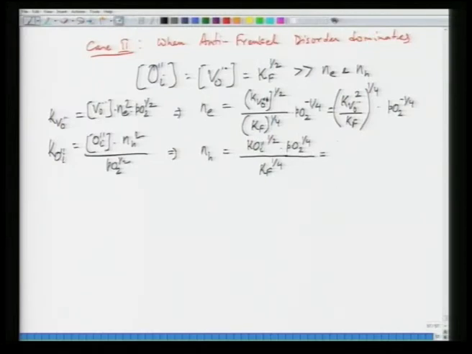So, this becomes KOI to the power half divided by Kf to the power 1 by 4 into PO to the power 1 by 4. So, we have established these two conditions for stoichiometric condition.